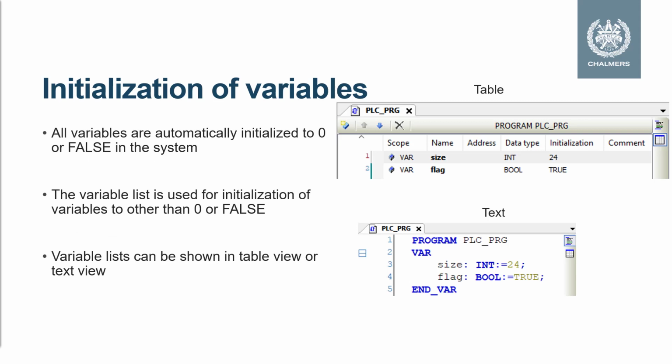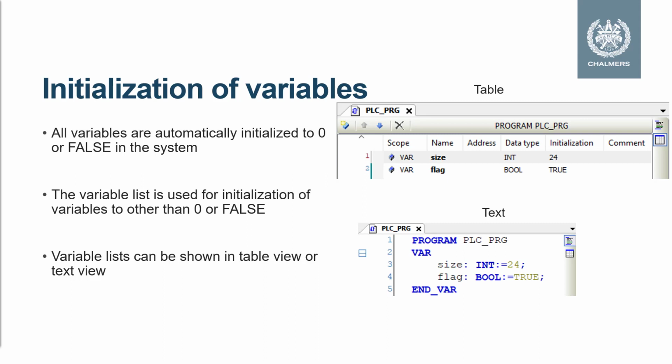When I showed the list of data types, I said that all variables will be initialized to 0 or false if it's a Boolean, if we don't say anything else. Sometimes, or quite often, we want to initialize the variables to something else to have the system start up at the correct values. And that is done in the variable list. Here I have an example of a local variable list.